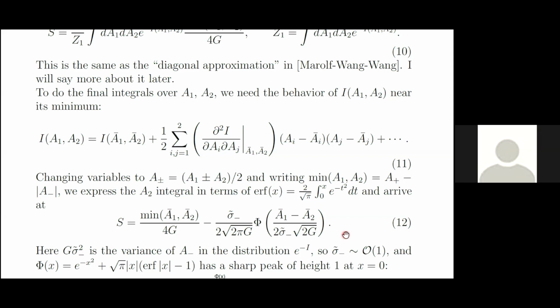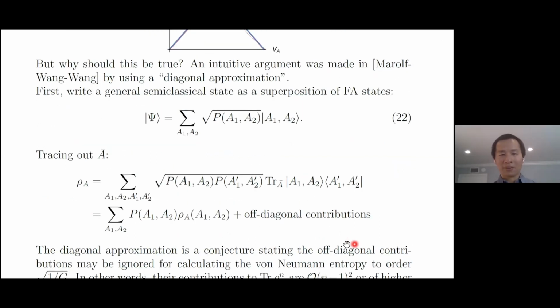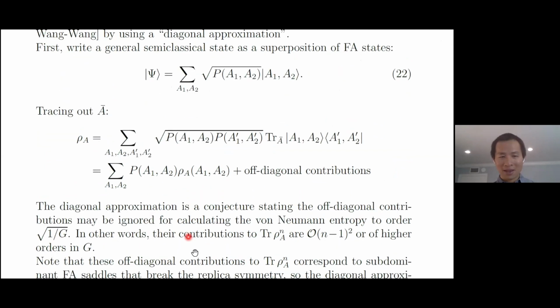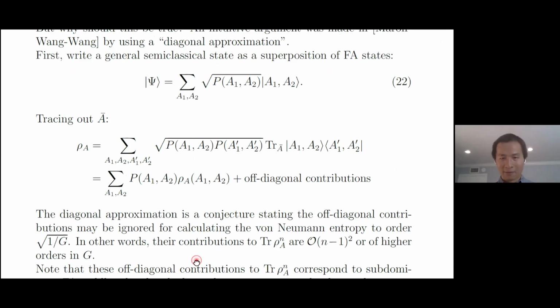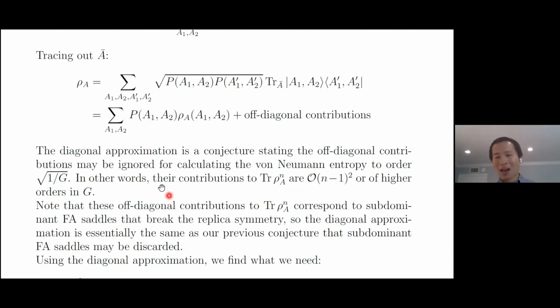Yeah, exactly. This is something that, roughly, did I mention this in the diagonal approximation discussion here? Not really. But let me at least provide some of my thoughts on it.